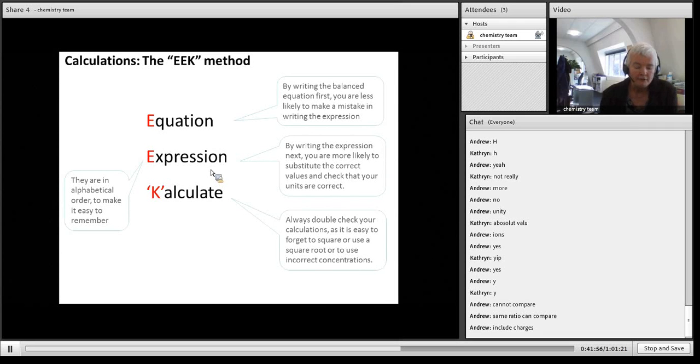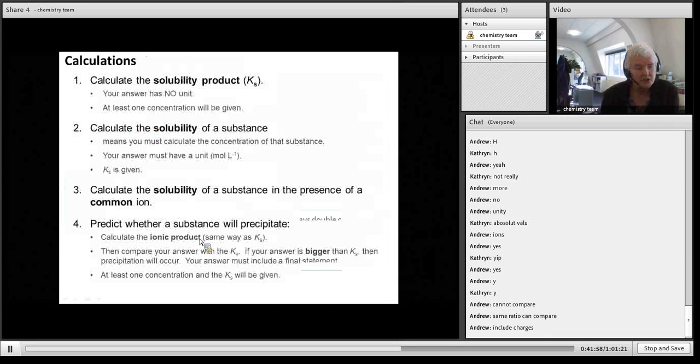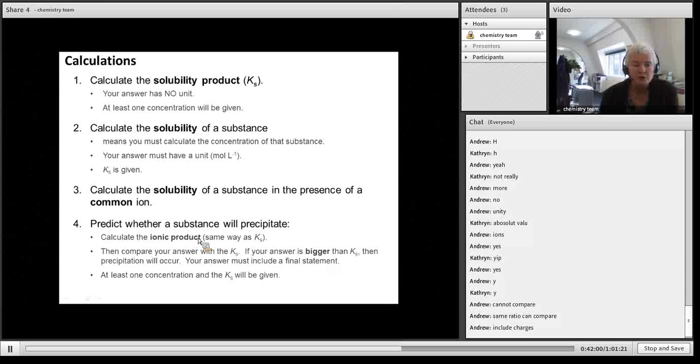Okay, now there are 4 calculations you can get, and we'll only do the first 2 in these lessons. These first 2 are pretty much an achieve level question, although you can make it harder to get a merit or excellence out of it, but otherwise these are pretty straightforward, number 1 and 2. Calculate the solubility product, the Ks value.